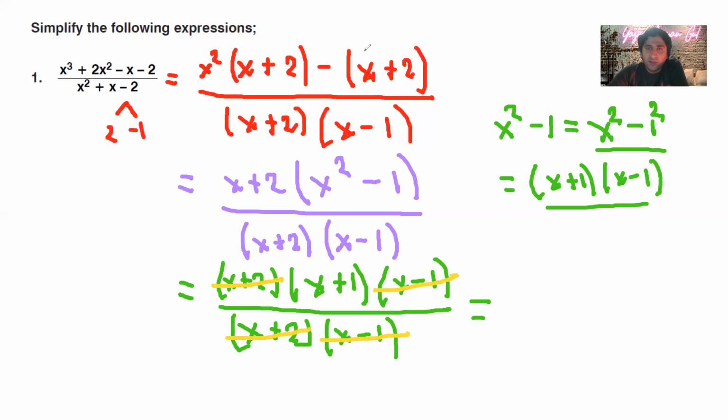Then what is left? x plus 1 on top, over 1, because you cancel this, then that will be 1. That equals x plus 1. So this is going to be my answer, x plus 1, because we canceled out everything else, and this is the only thing that was left.